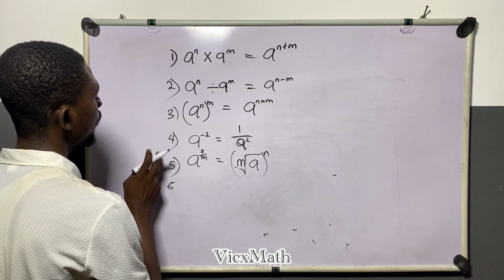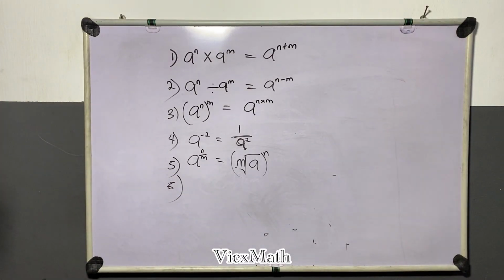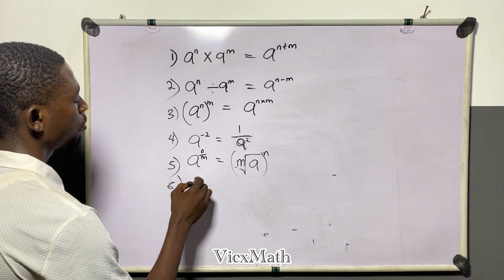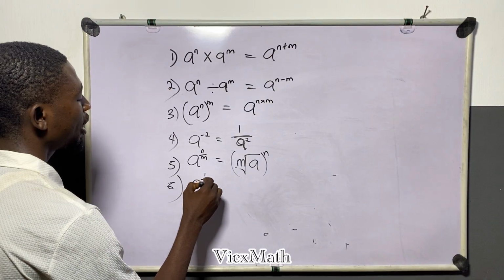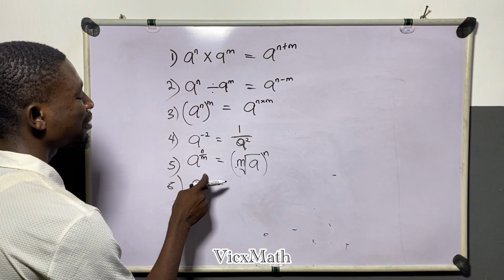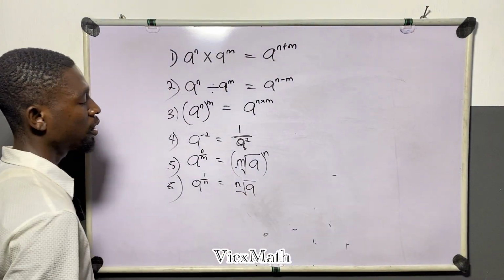1, 2, 3, 4, 5, 6. Now if we have a number a raised to the power, this is almost the same thing, 1 over n. This means the n-th root of a. It's almost the same as this.